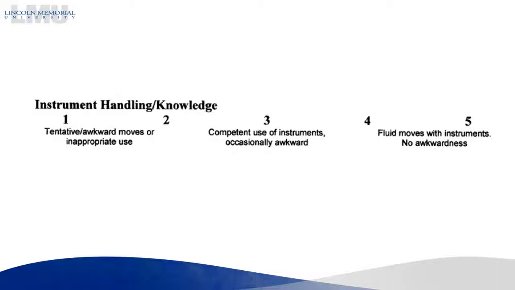And a 5 is just fluid moves with the instruments as though they're an extension of the hands, no awkwardness associated with it. And so the words here that I think will guide us to numbers would be just 1, this is an awkward instrument handling. 3, we're competent, but we occasionally have some breaches. And 5 is where we're at really fluidity as far as instrument handling.